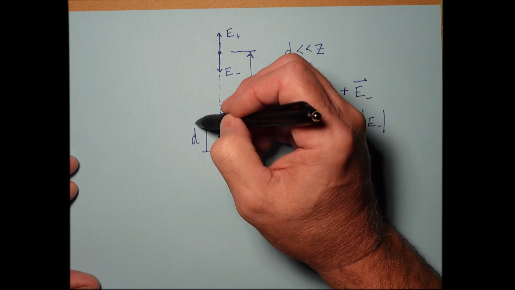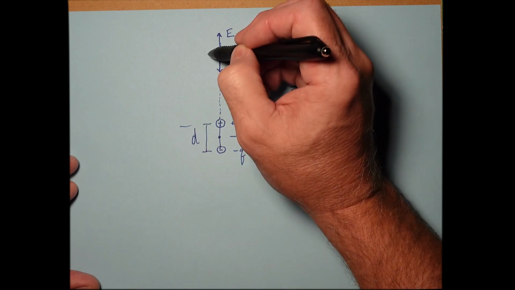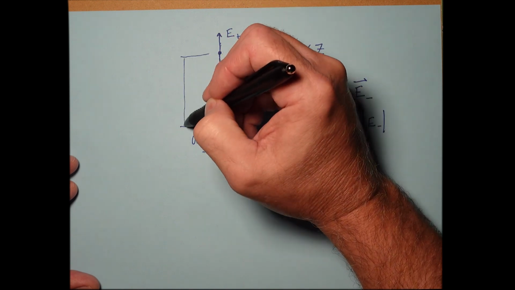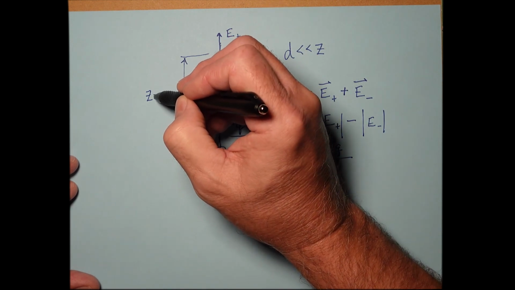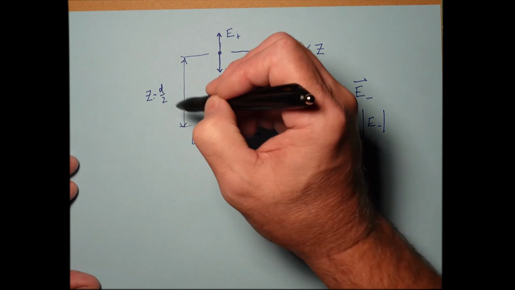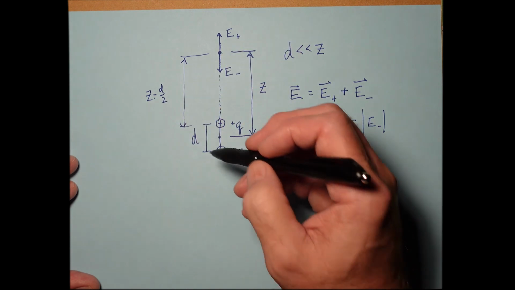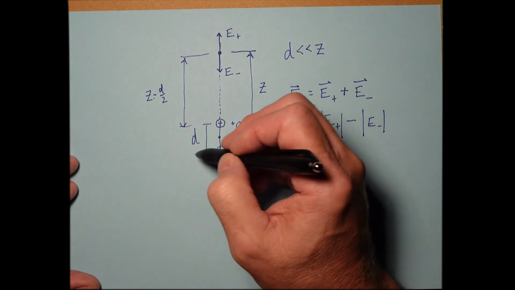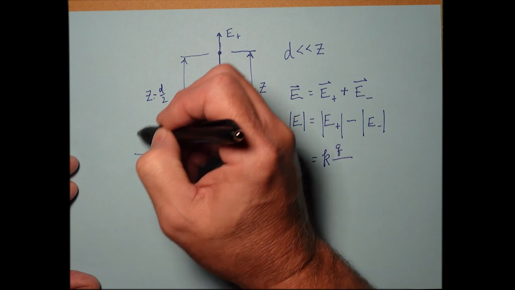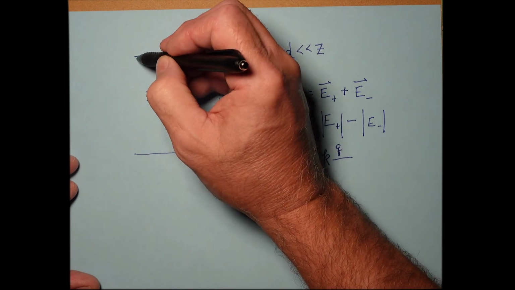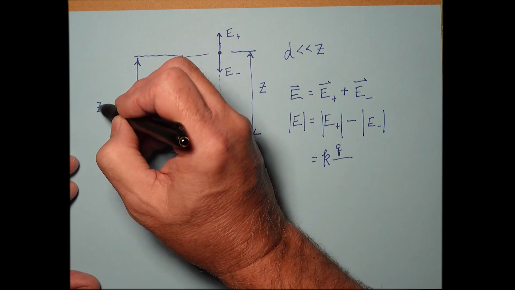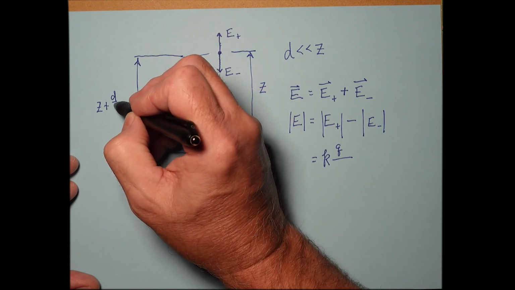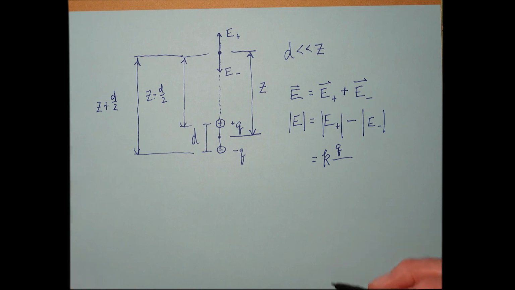So from that point there to that point there, that distance there, that is Z minus 1/2 D. And then to the negative charge down here, that distance to that point, this distance here, that's going to be Z plus D over 2.